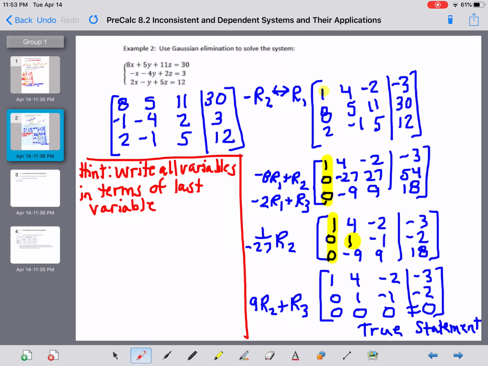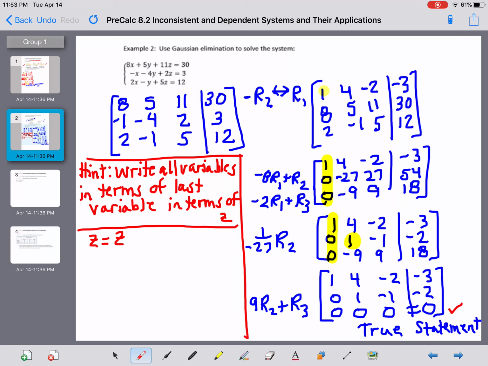In this case, it's going to be in terms of z. I know this sounds kind of funny, but basically we're going to have z equals z. That's kind of obvious. That takes care of this one where we don't know anything, where we're saying z equals z.